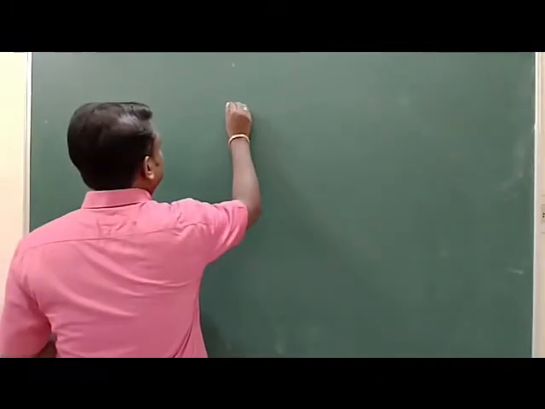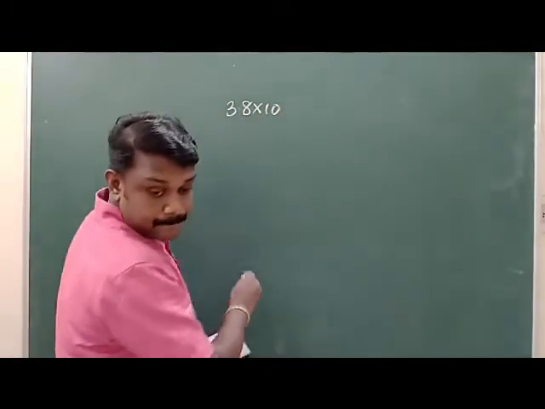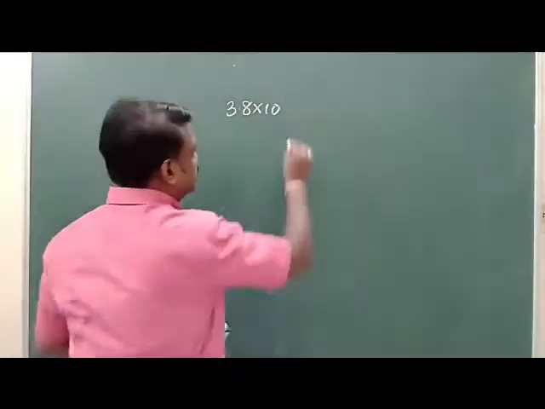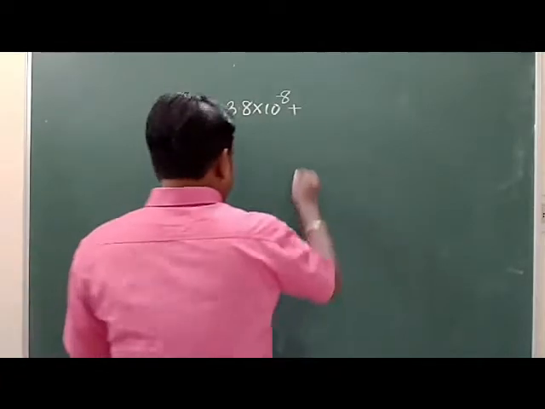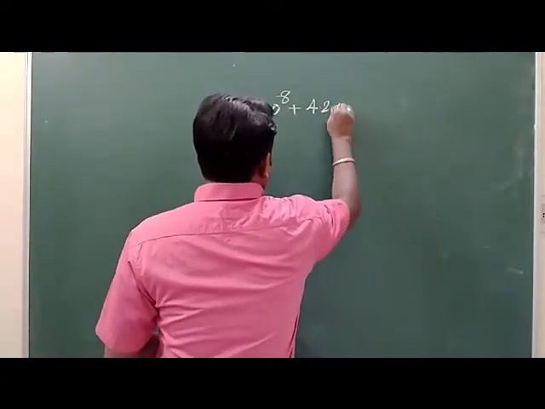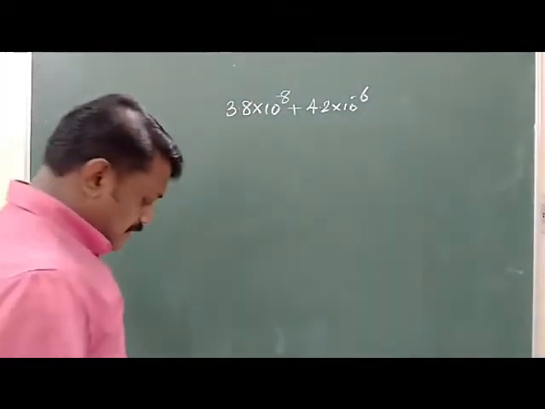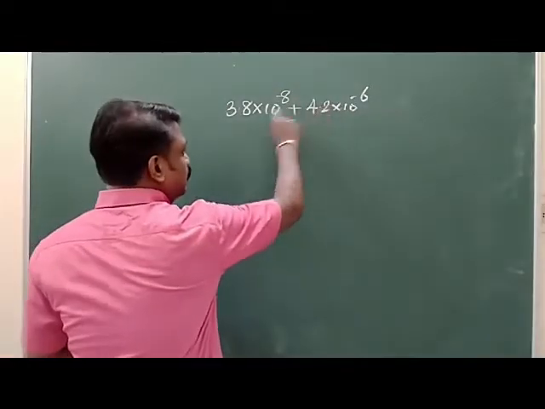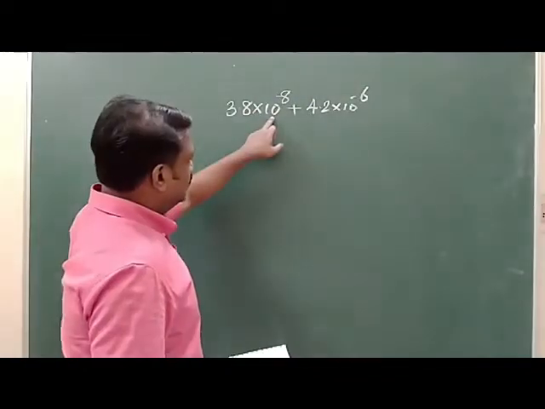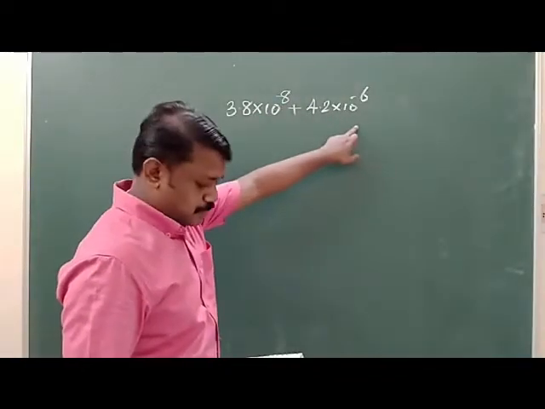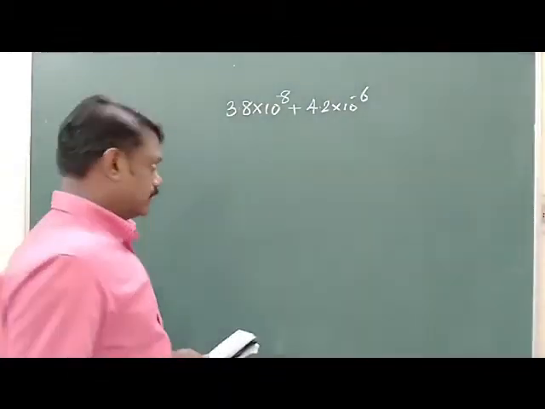So this is the question. These are of different orders: one is 10 to the power minus 8, the other is 10 to the power minus 6. So you have to convert both into the same order.